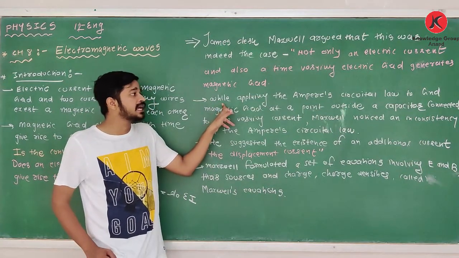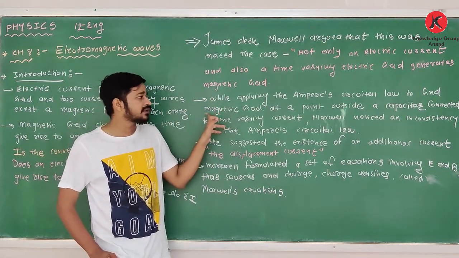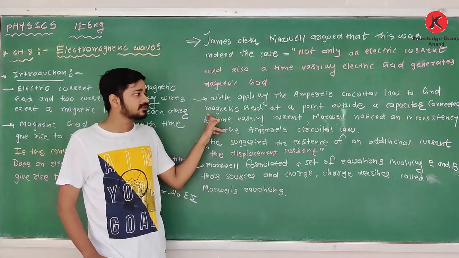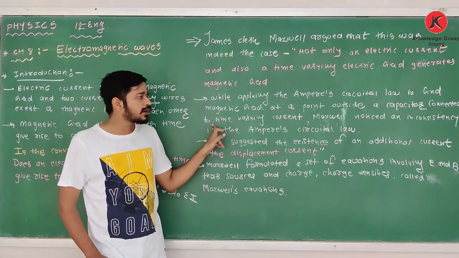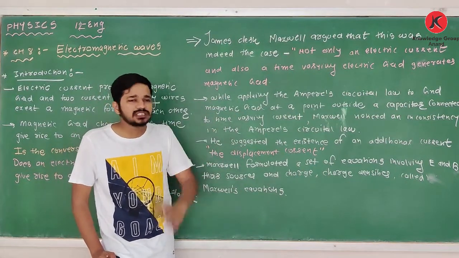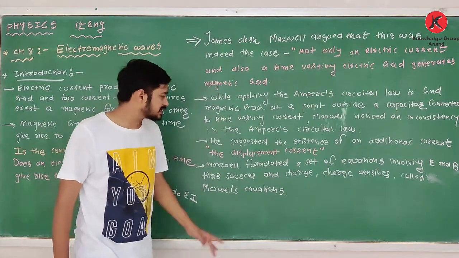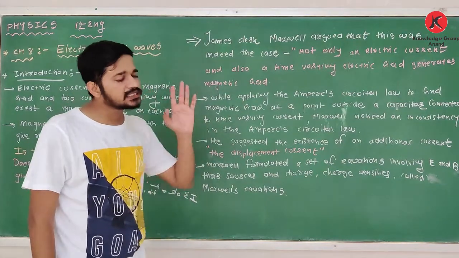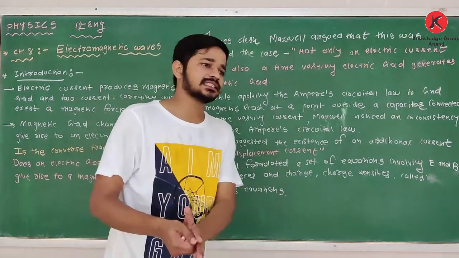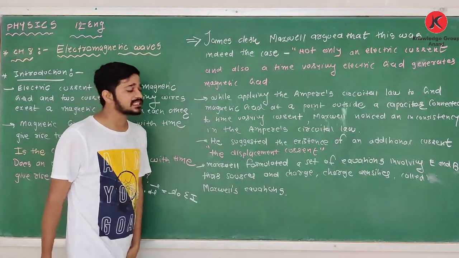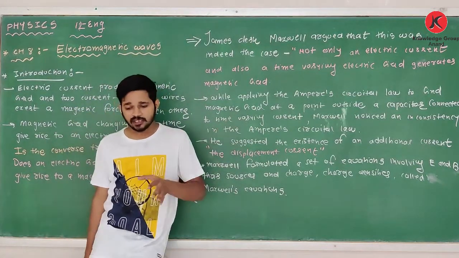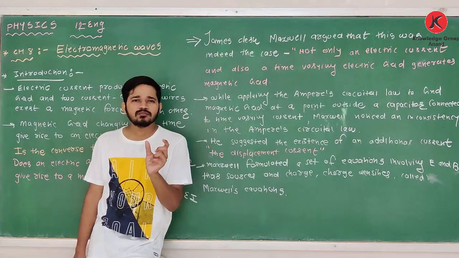While applying Ampere's circuital law to find the magnetic field at a point outside a capacitor connected to a time varying current, Maxwell noticed an inconsistency in Ampere's circuital law. It means there is some missing term.